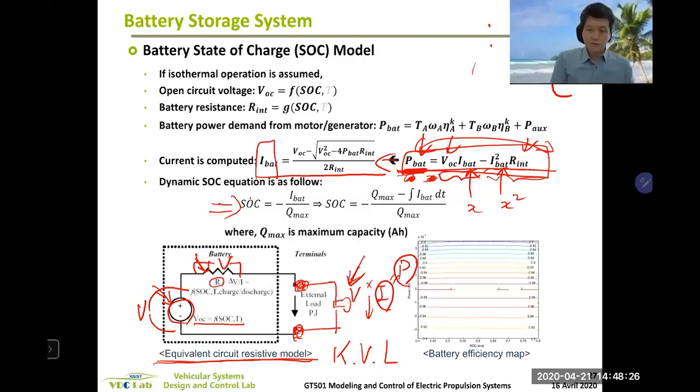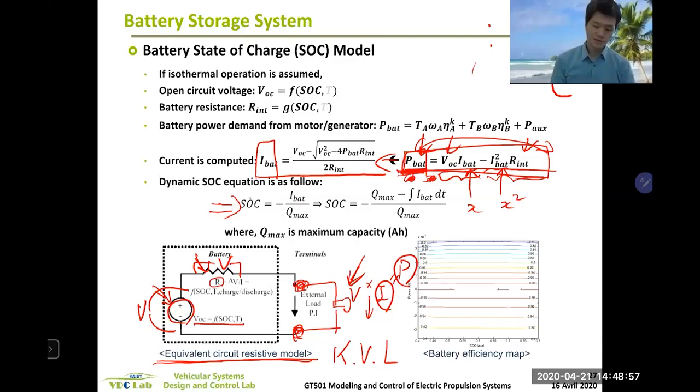Now what? What does this mean anyway? Well, the input to the battery model is battery power. Think of it as commanded battery power, or battery power consumed.